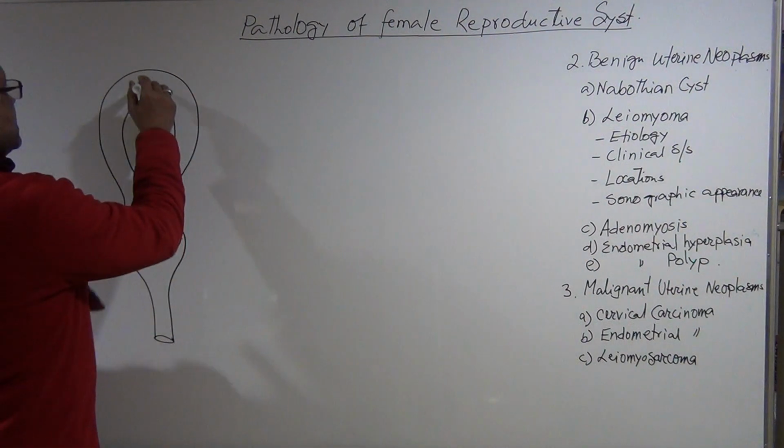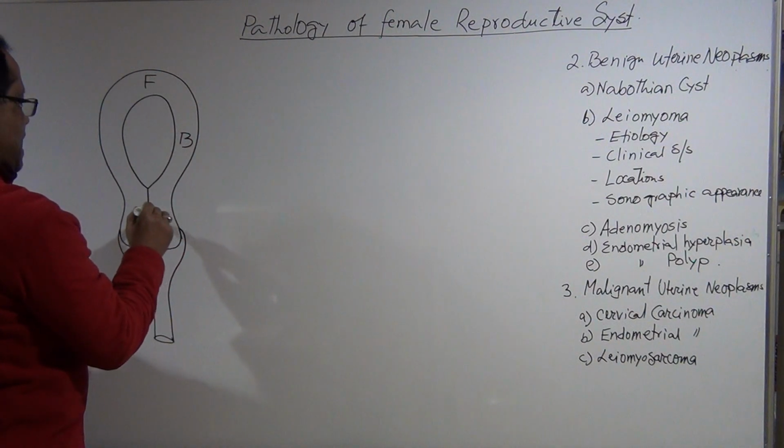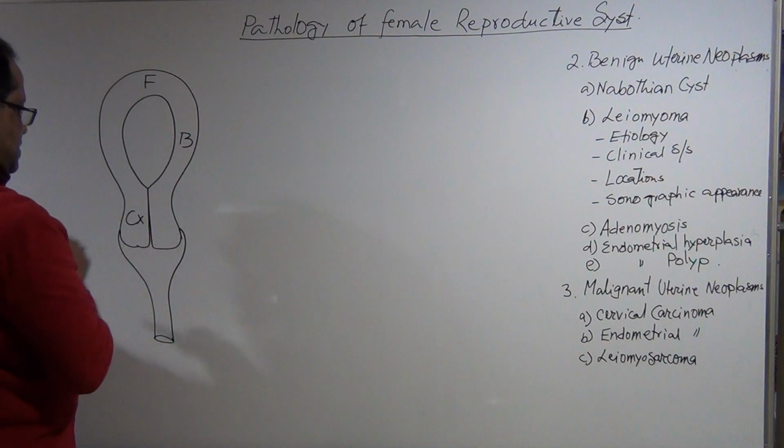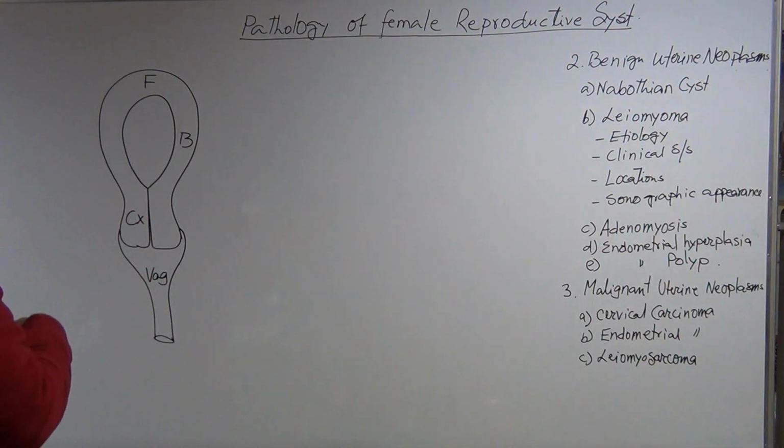This uterus has a fundus, then body, and then cervix, CX, and this is vagina. So these are the typical parts of the uterus and the vagina.